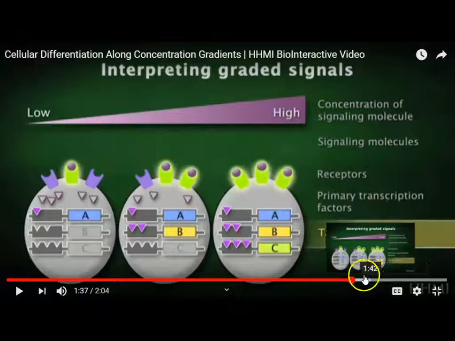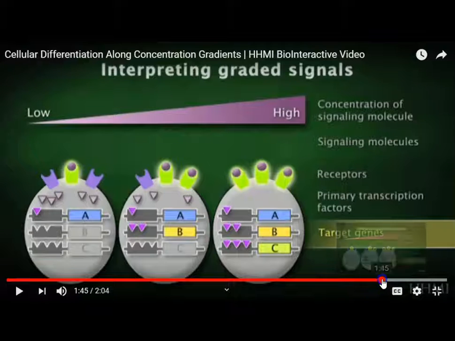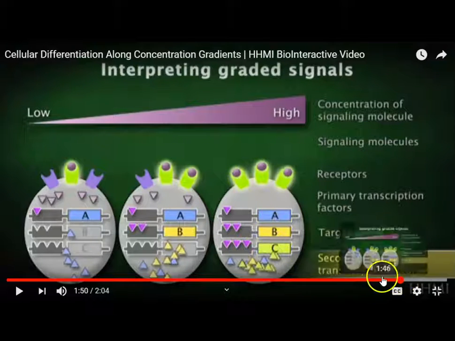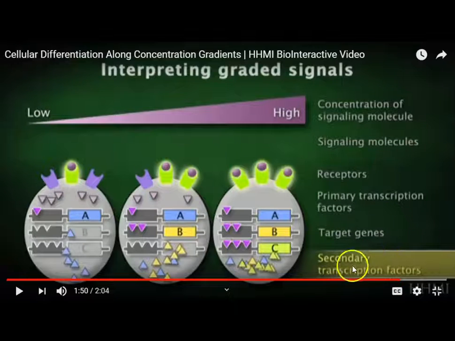And then finally, you will see that the target genes, which was all 3 of them, A, B, and C, could create something that is not the same as what has been produced at this stage.